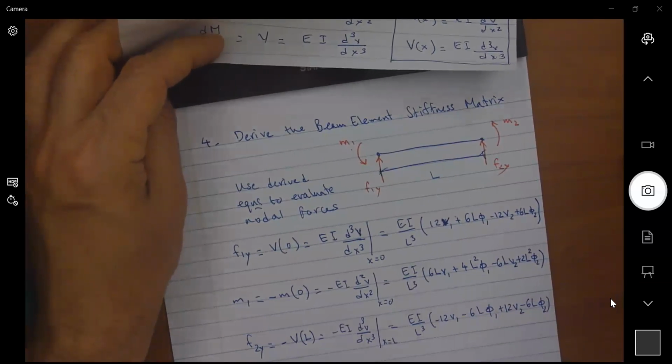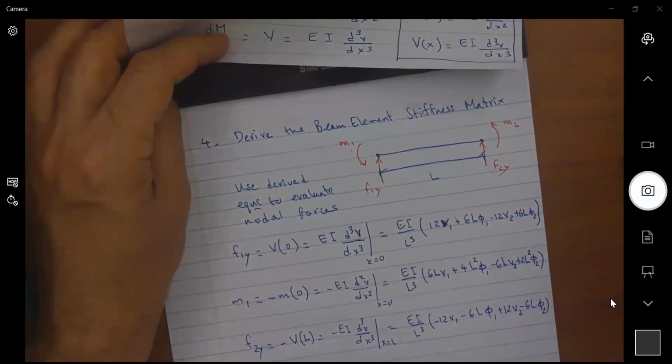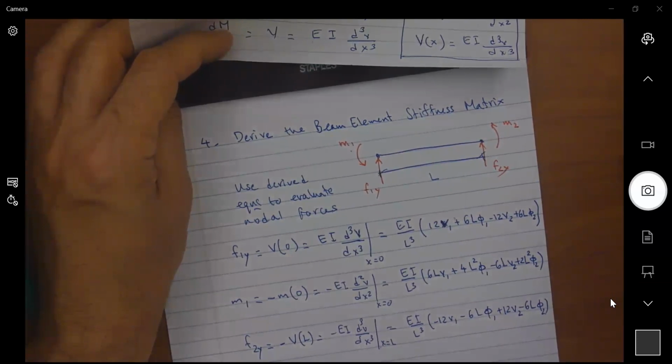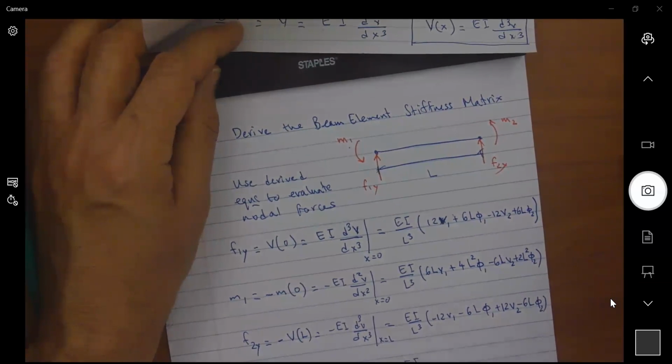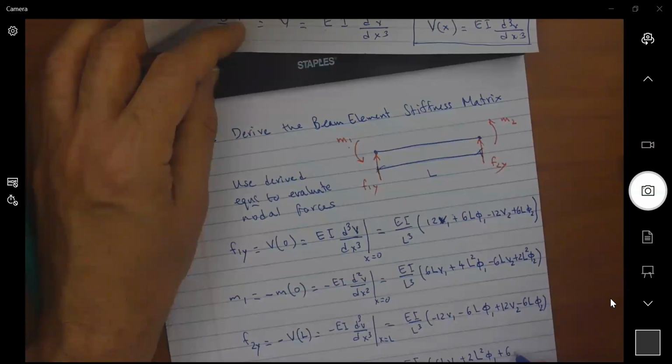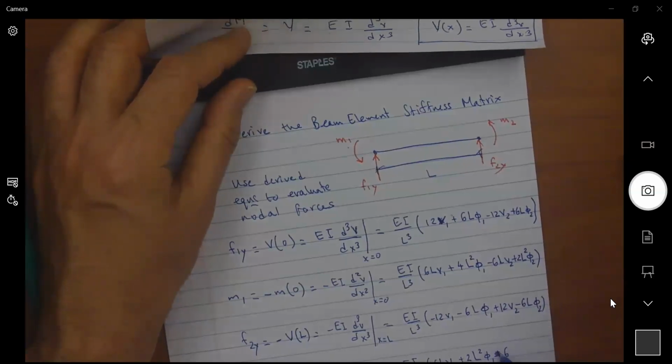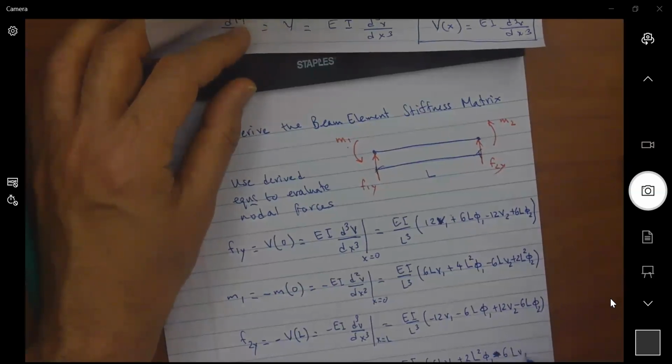For M2, I'm going to use M at L, which is equal to EI d2V by dx squared evaluated at x equals L. EI over L cubed multiplied by 6L V1 plus 2L squared V1 plus 6, sorry, this is a minus, 6L V2 plus 4L squared V2.